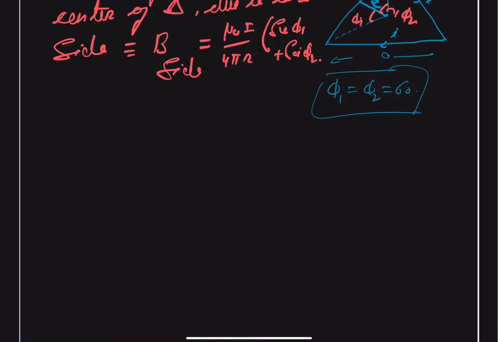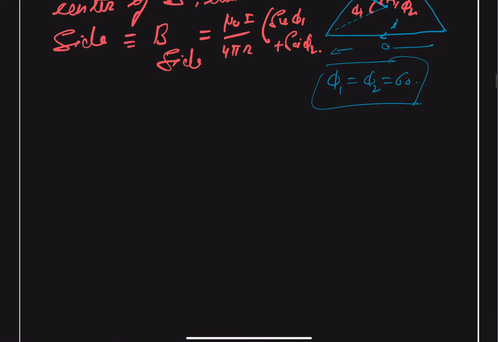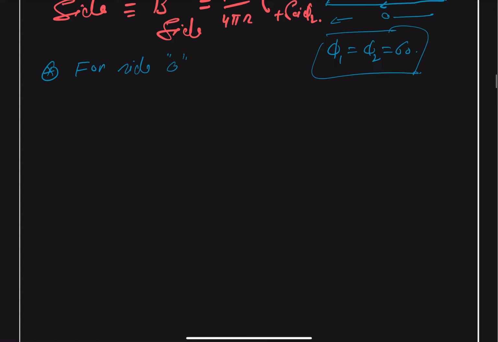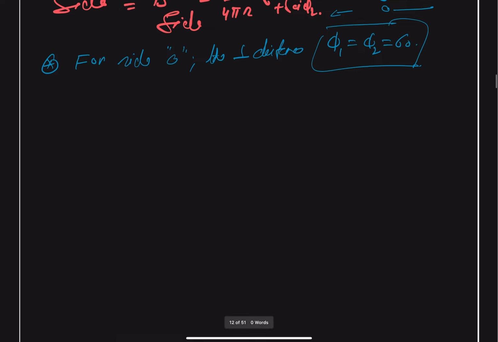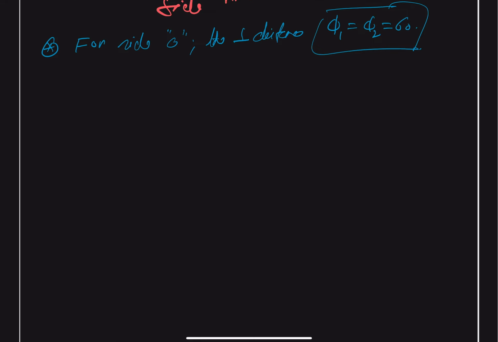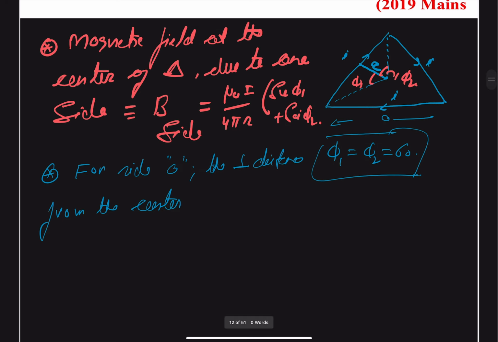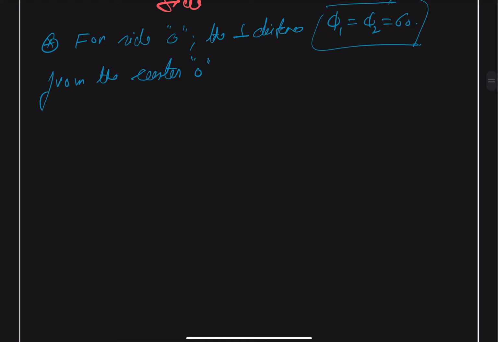And side is we have taken as A, so we can write for side A, the perpendicular distance from the center, and center is, let us suppose, our O, center O to side of triangle.